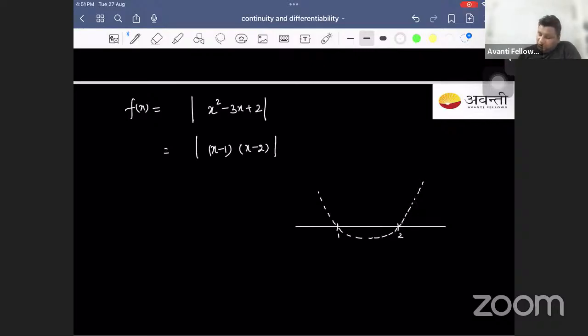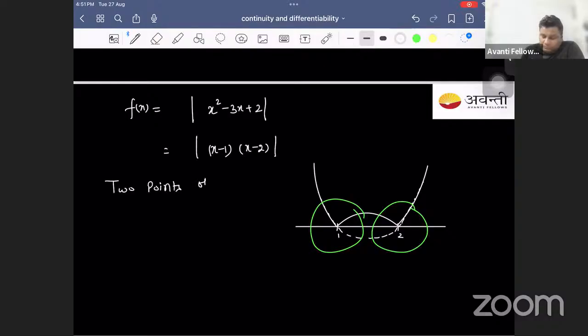Taking mod means portion below x-axis will shift above x-axis. This will go this side and this will go this side. So it's very much clear that there are 2 points of non-differentiability, 1 and 2. Yes or no? So there will be 2 points of non-differentiability.